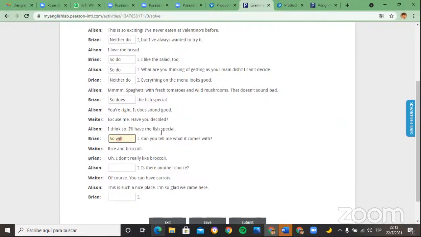Since this sentence is in future, like "I will have," it's okay to use "so will I." It's correct, right? Or what word do I use instead of "will"? No, it's okay. If you see the example with "will," it's correct. Okay, thank you.